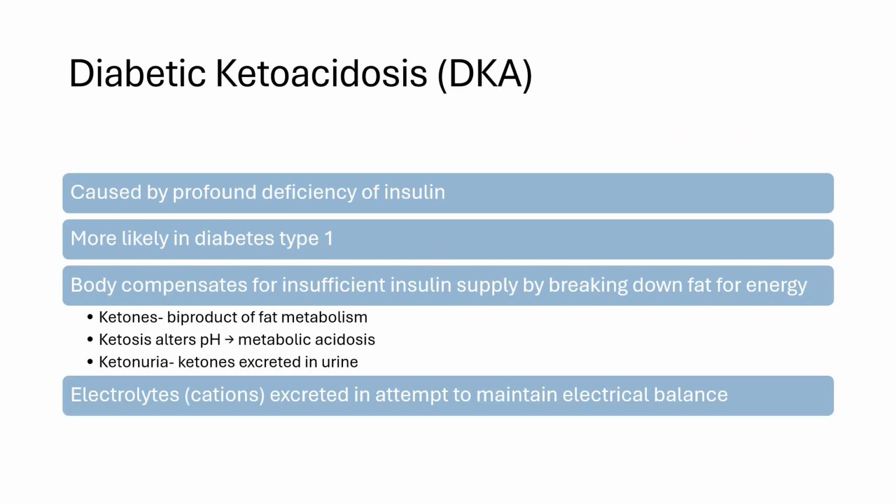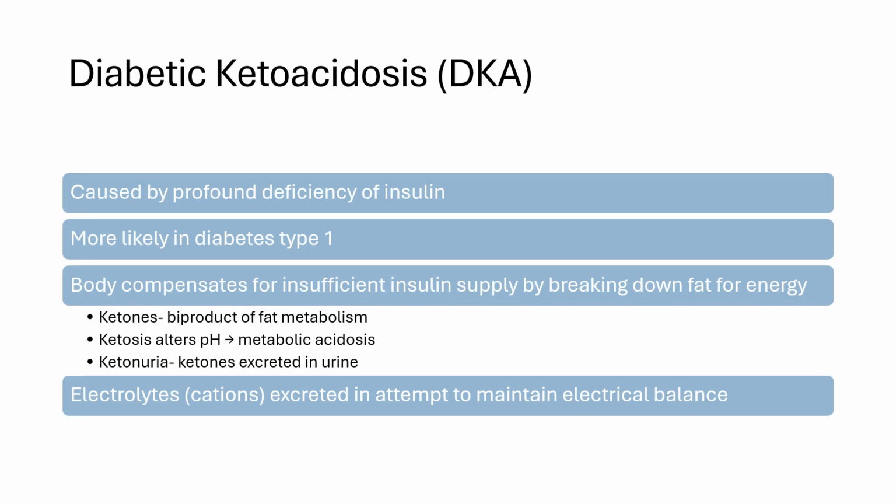Okay, so diabetic ketoacidosis or DKA, it's caused by profound deficiency of insulin, characterized by hyperglycemia, ketosis, acidosis, dehydration. This is more likely to occur in type 1 diabetics.